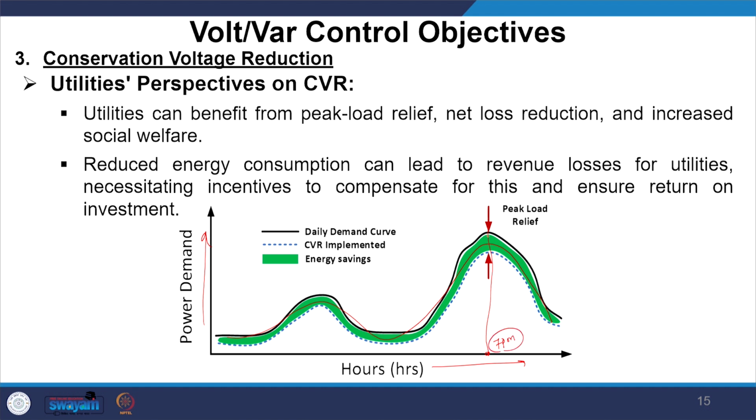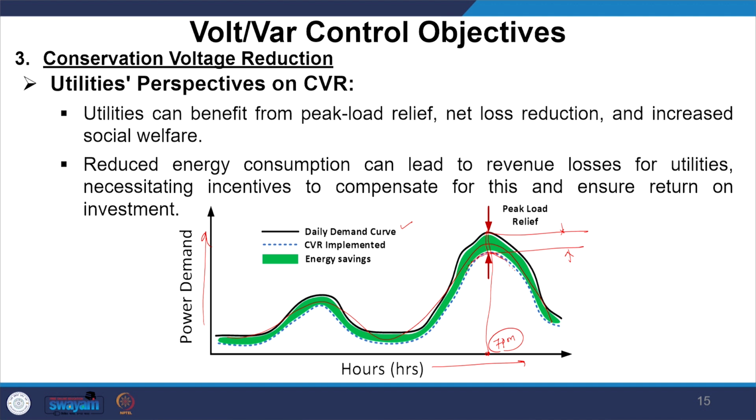The first black one talks about the daily demand curve. And if you implement CVR, then you experience this load curve, which is the dotted one. Due to the CVR implementation, this is my peak load reduction, and the green strip talks about the amount of energy that is being saved.